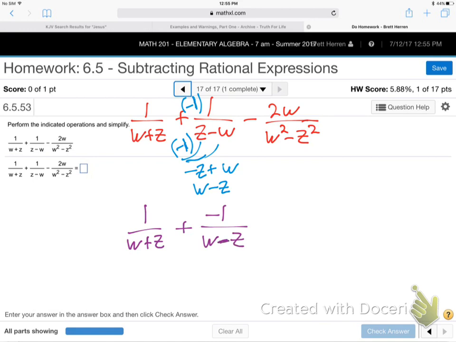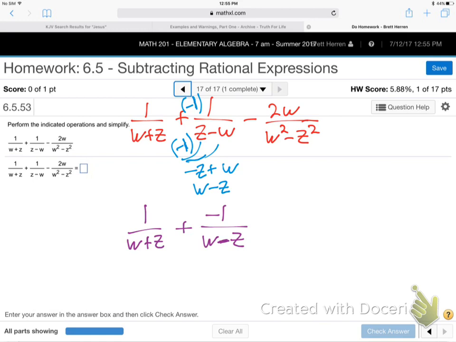Is that good for the first two? Now what happens with the third one?